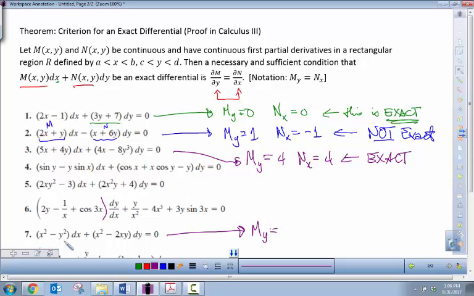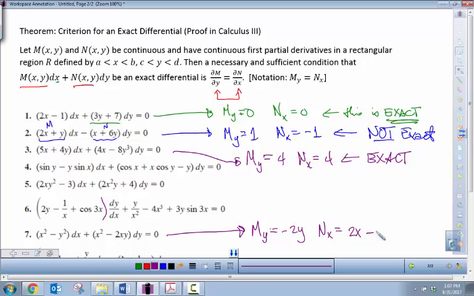The derivative of the first function here with respect to y is what? So it's negative, right? 2y. And the derivative of the second with respect to x is what? 2x. There's more, because y is a constant, remember?